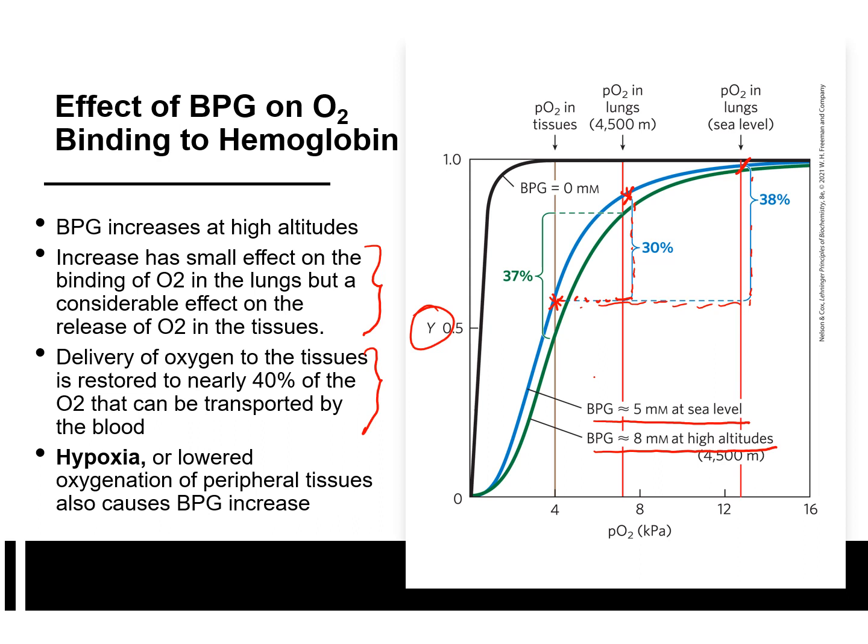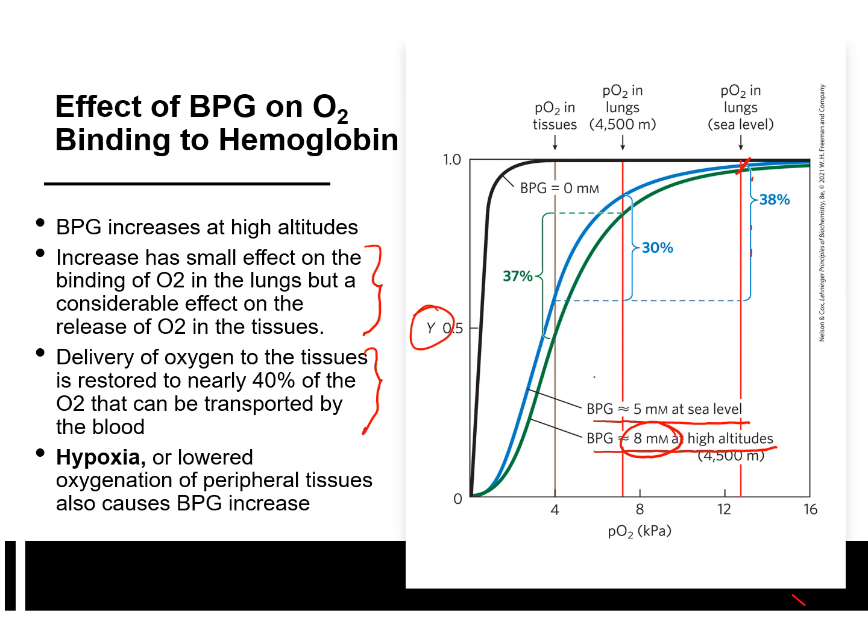So the difference here of 38% drops down to 30%. This is bad news because we want more than 30% of the oxygen being picked up in the lungs being delivered to the tissues. What happens if we increase BPG to 8 millimolar?